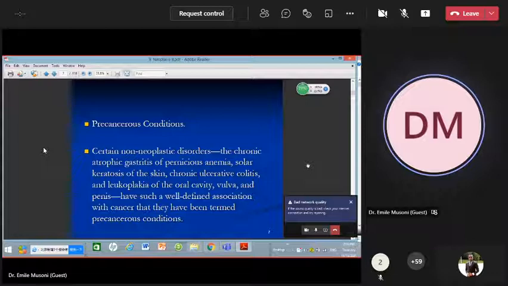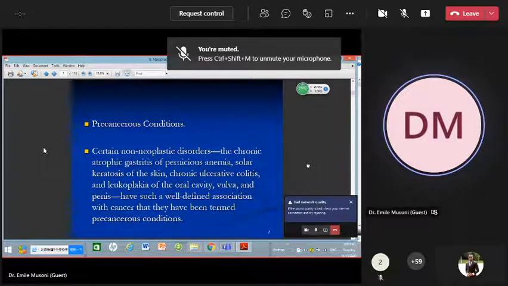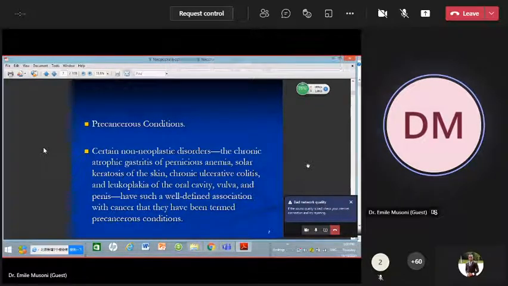Here we talk about precancerous conditions. These are certain non-neoplastic disorders, such as chronic atrophic gastritis, pernicious anemia, solar keratosis of the skin, chronic ulcerative colitis, and leukoplakia of the oral cavity. They can develop into cancer. This is why they are known as precancerous conditions. But it doesn't mean every case of chronic gastritis will develop into a carcinoma.